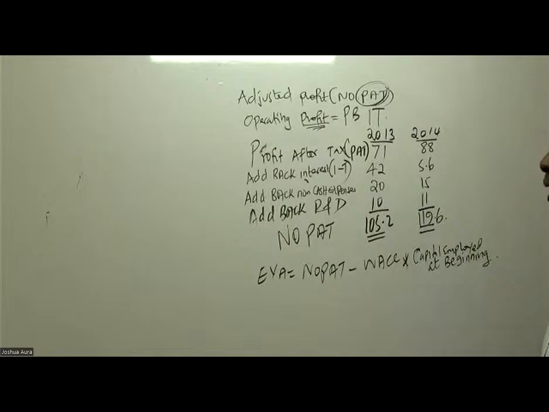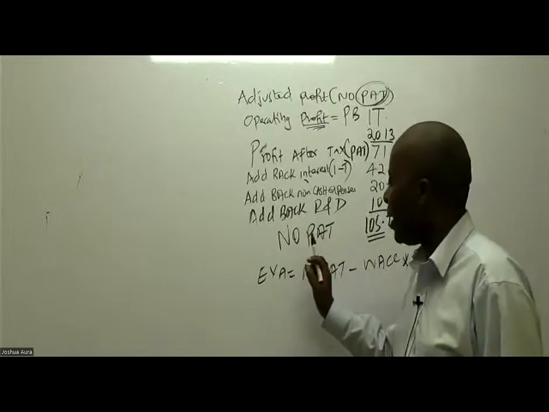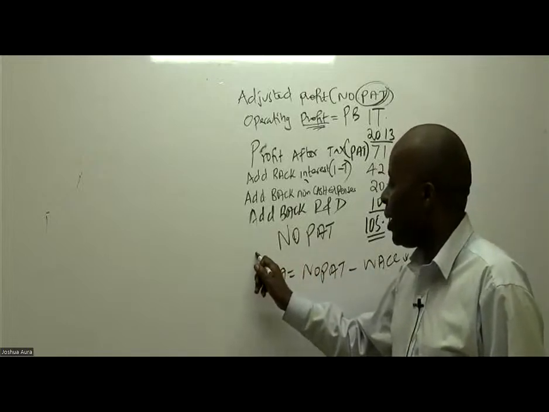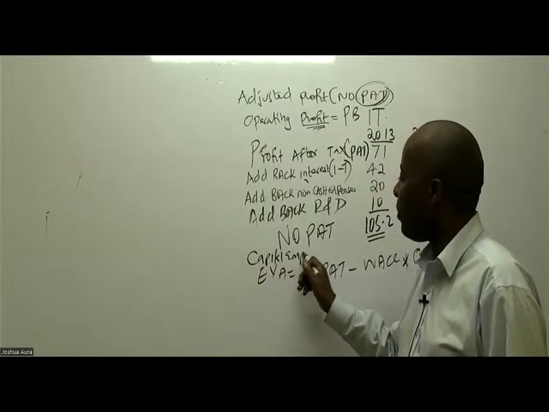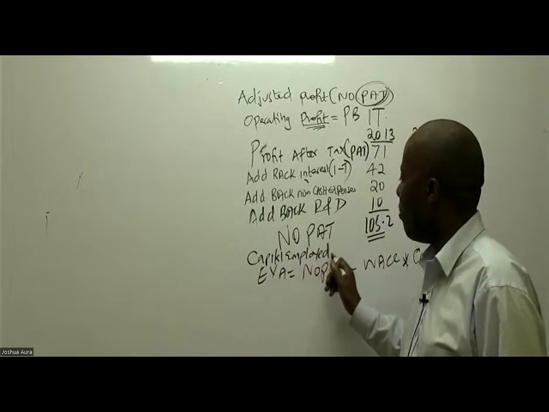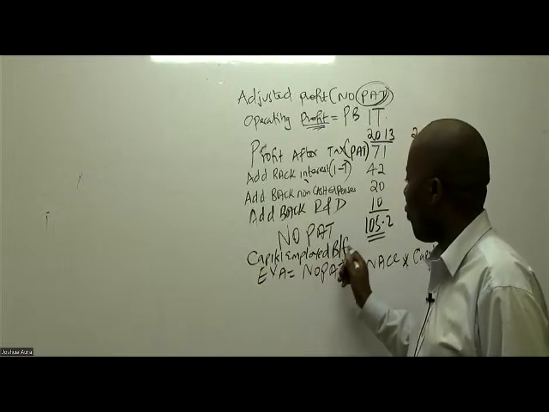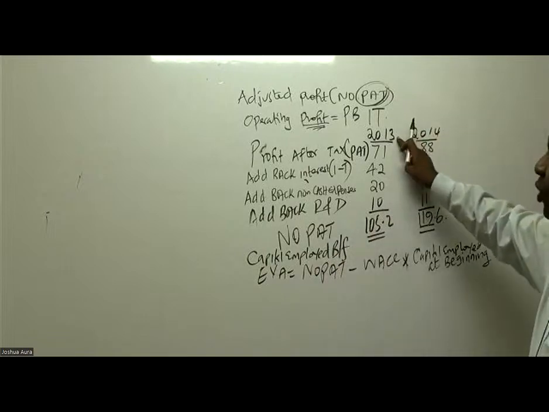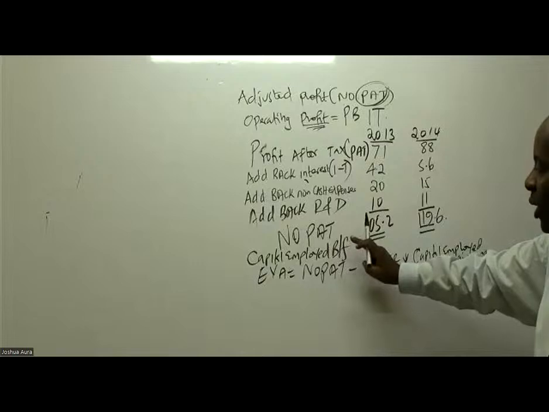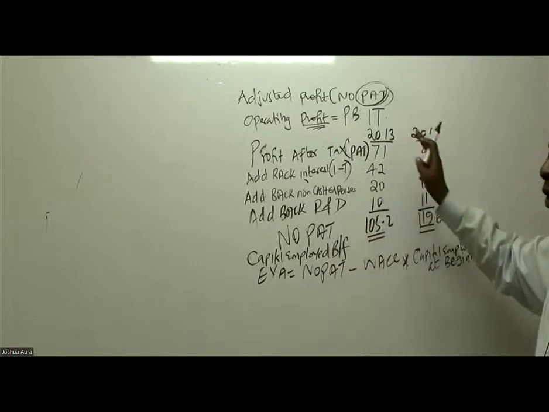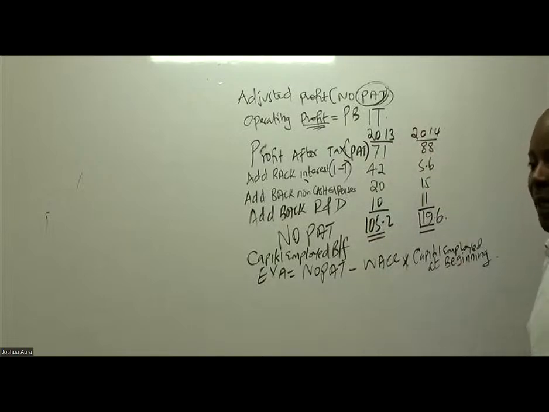So then if that is the case, could you kindly give me the capital employed brought forward to these particular years. Capital employed brought forward into 2013. Is there anybody who is able to see this capital employed brought forward into 2013 at the beginning?